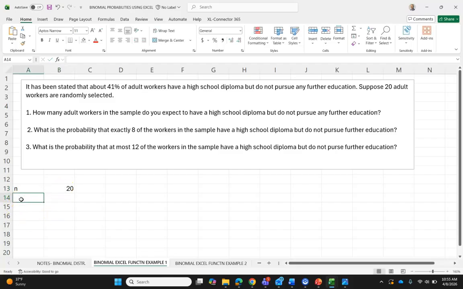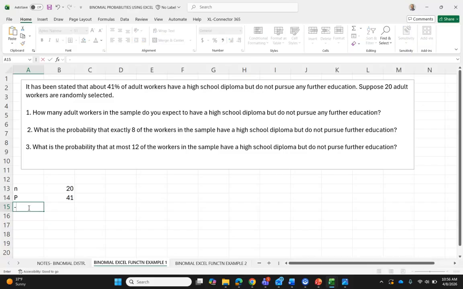Now we need to find the probability of success, which is P. Do we have probability of success? The probability of success here is actually 41%. It says that about 41% of adult workers have a high school diploma. That 41% is the success. So what is the probability of adults who have no high school diploma?